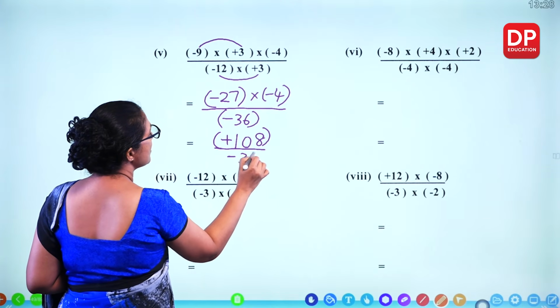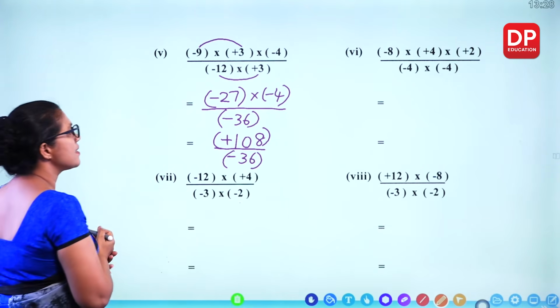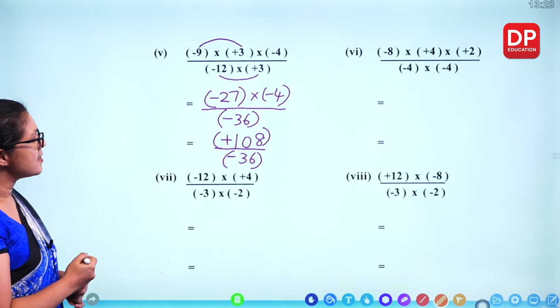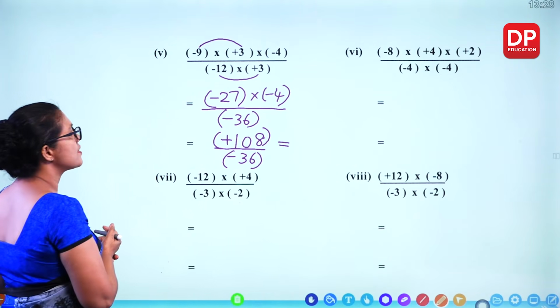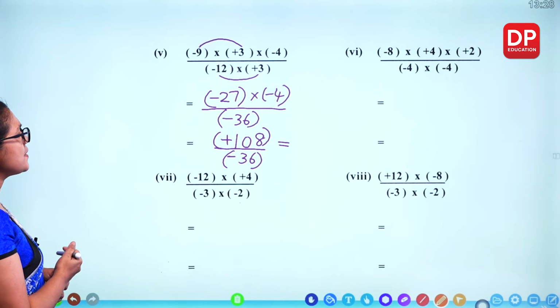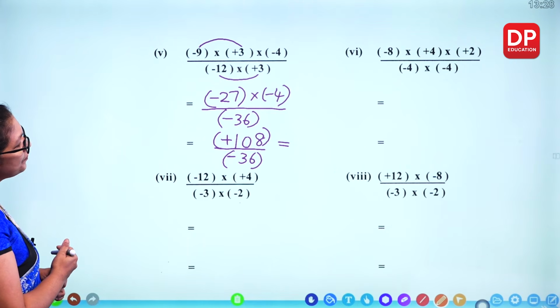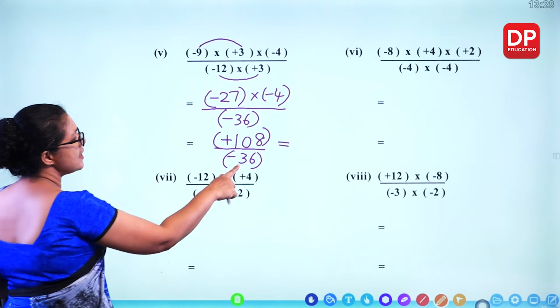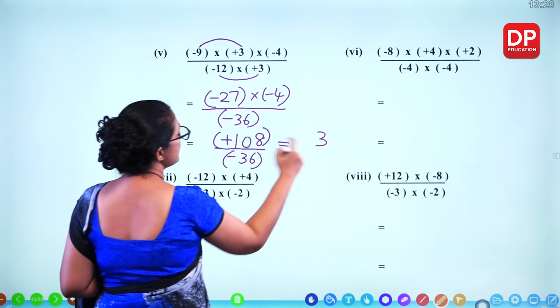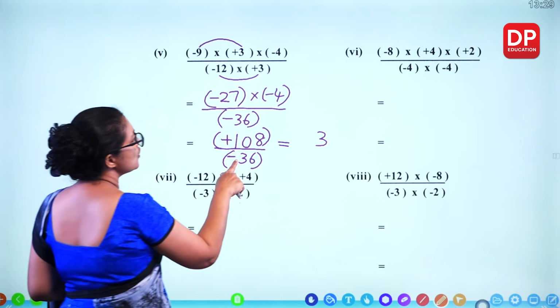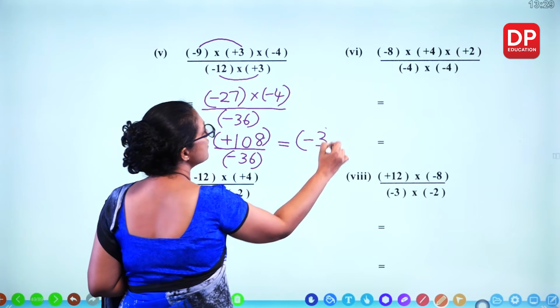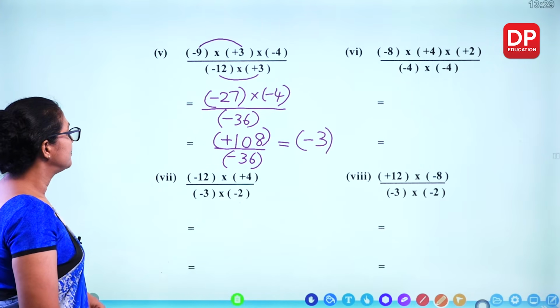Divide by minus 36. The answer is negative. One is positive, one is negative. How many times are there? 36 times. What's the answer? 3 times. So you get 3 times 36 is 108. So you get negative 3 as the final.